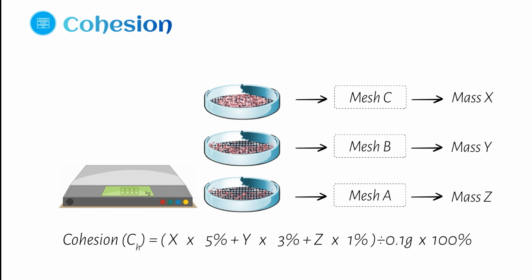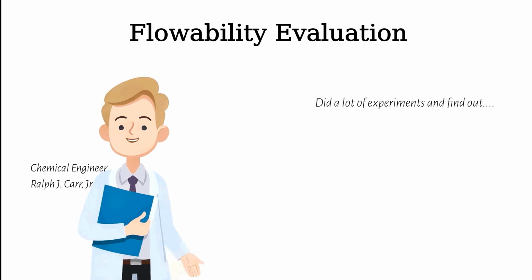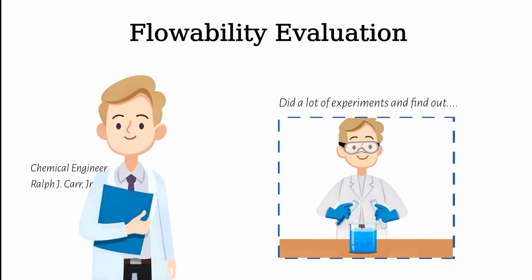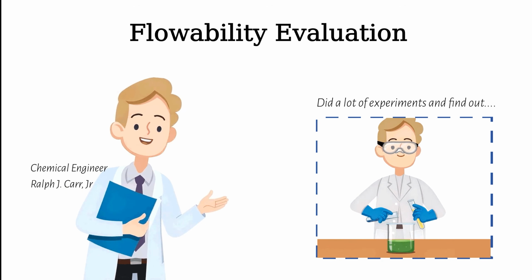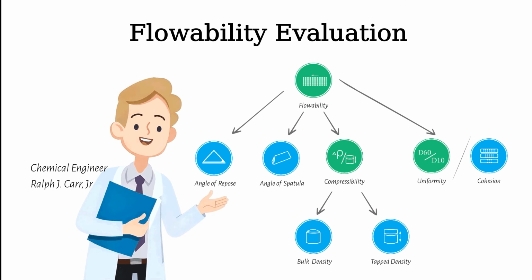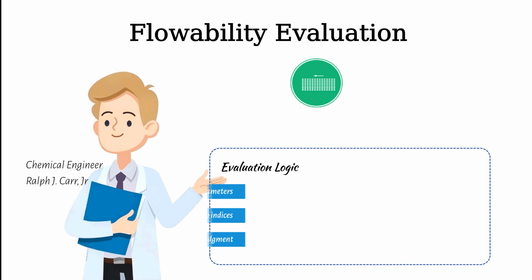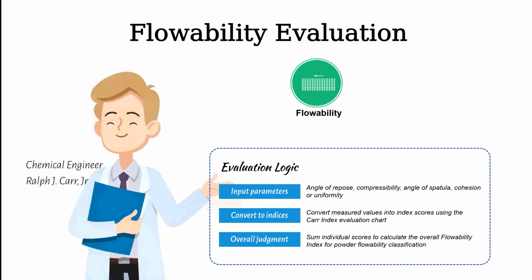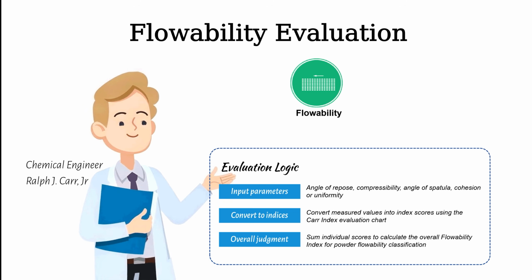Now that we have these individual characteristics, how do we bring them together to evaluate overall powder flowability? This is where Ralph J. Carr Jr. comes in. Based on measurement of around 2,800 powder samples, Carr developed a comprehensive method for evaluating powder flowability. Instead of relying on one parameter, it combines several powder characteristics into an overall flowability evaluation.